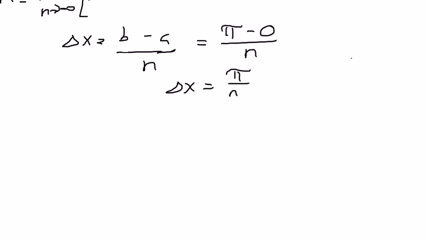So, when you want to find x i, it's going to be your a value, or your x naught value, plus the ith integer of the difference in x.